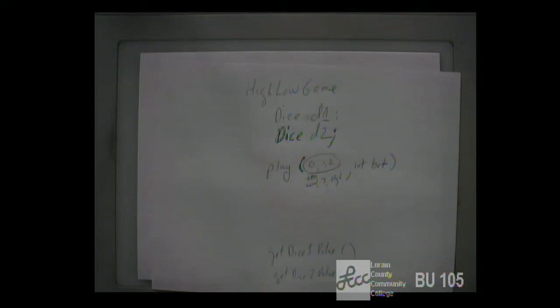All right. Now, then I'm going to sum the dice. So if choice equals 0 and sum is less than 7, I have a winner.